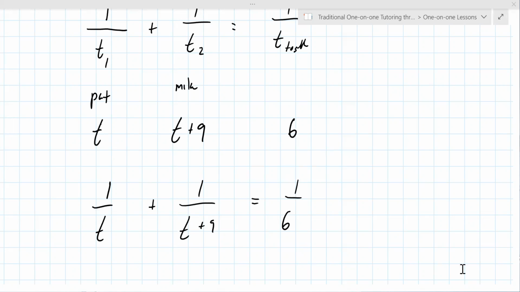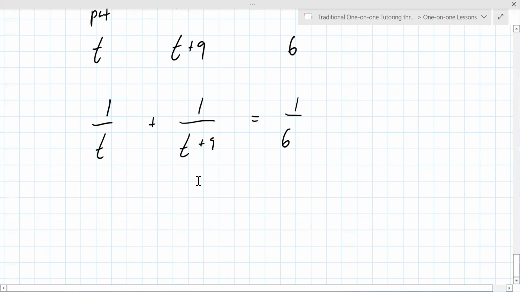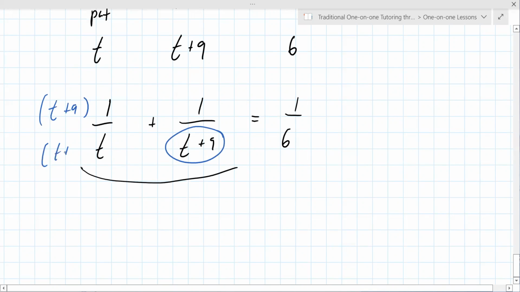Great. So this one's different because the ones we did last week were just numbers, and you added them up and then you cross multiplied or canceled out. Here you've got to make a common denominator, at least on the left. The shortest way to do that is to take this T plus 9 and multiply top and bottom by T plus 9.